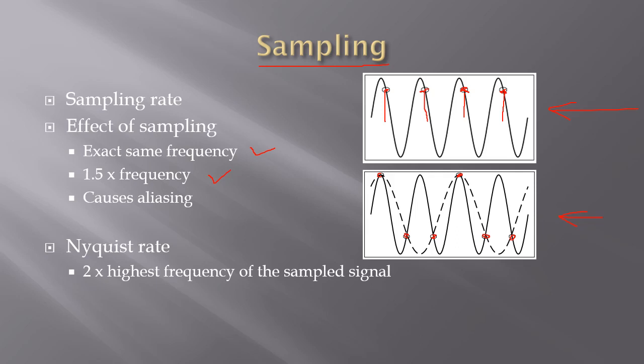What this means is, if we have a signal of frequency, let's say 30 Hertz, and we sample with 1.5 times the frequency, then the sampled version when we play back is only 20 Hertz. It means that the frequency of the sampled signal is lower than the original one.